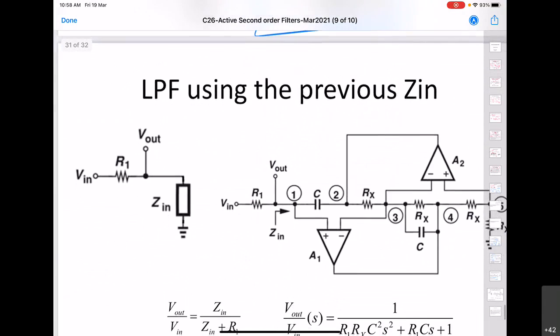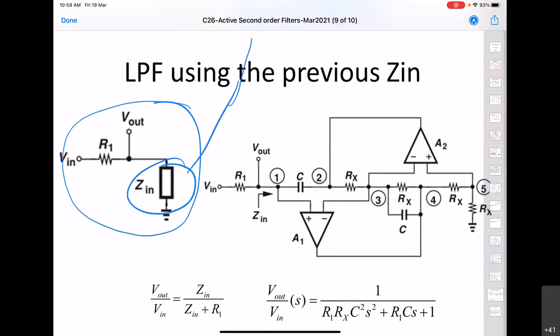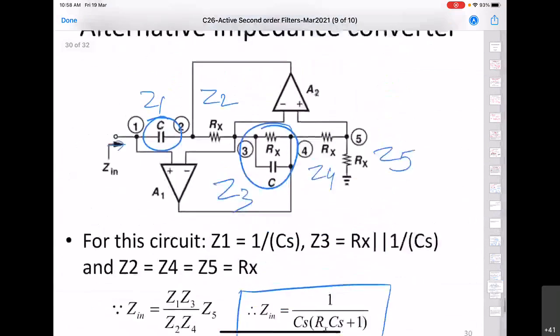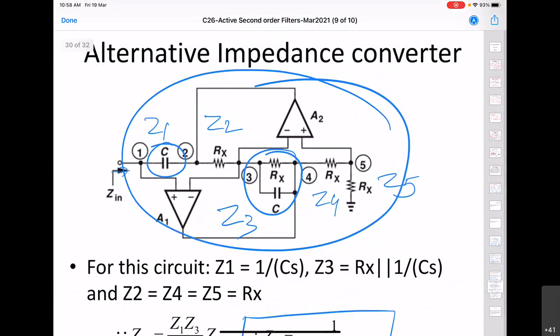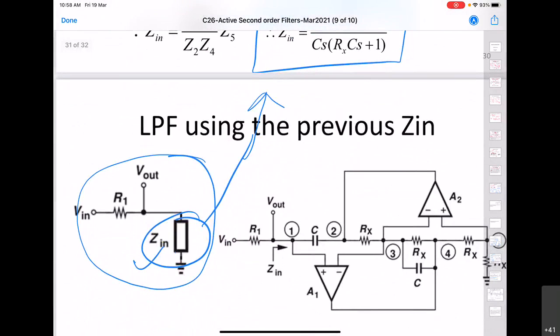So we take that circuit, and from that circuit we create this new circuit. So this is what we have already studied in the previous slide, this one. So we take this whole thing and connect here, and take the input and another resistor and take the output from here, right?